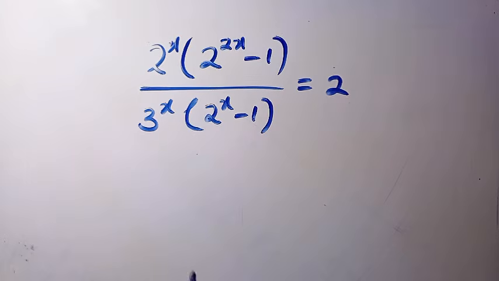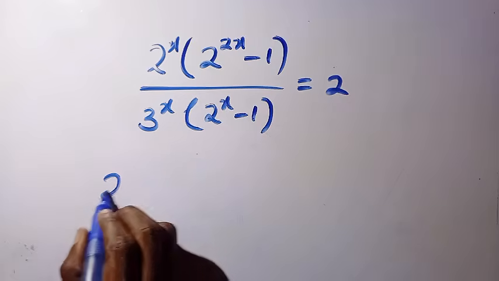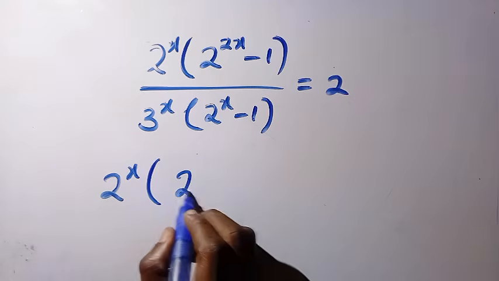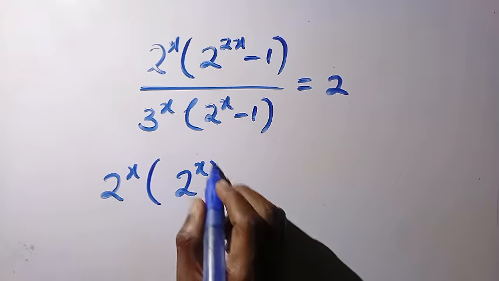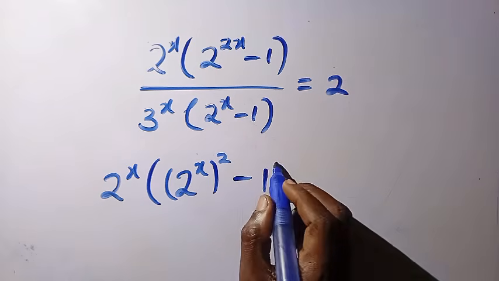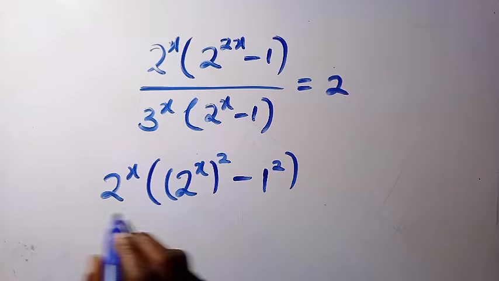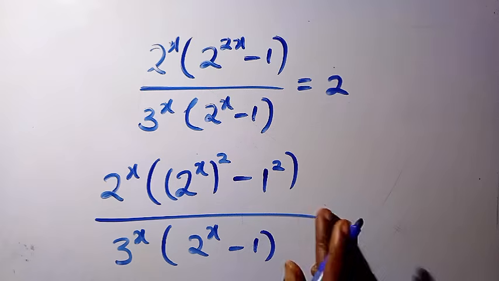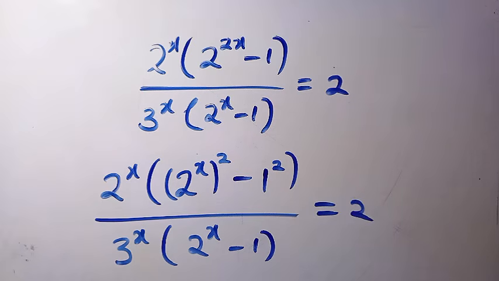Then, looking at what we have up, it can be transformed to 2 raised to power x, but the 2 raised to power 2x inside here can also be written as 2 raised to power x, raised to power of 2, and minus 1 can be minus 1 squared, all divided by 3 raised to power x, bracket 2 raised to power x minus 1, equals 2.